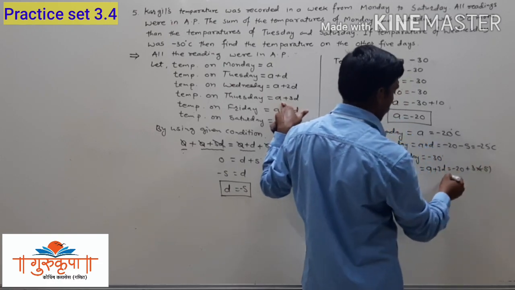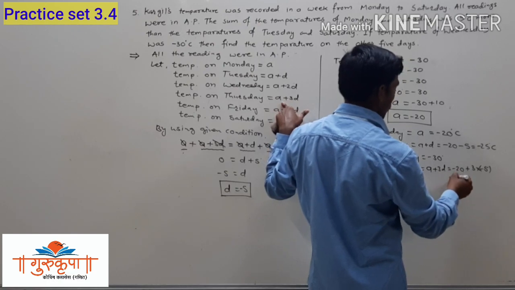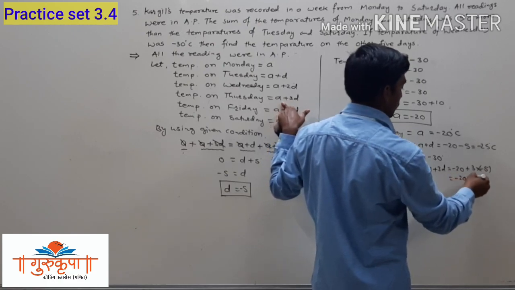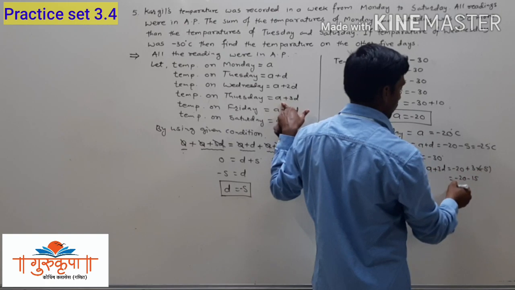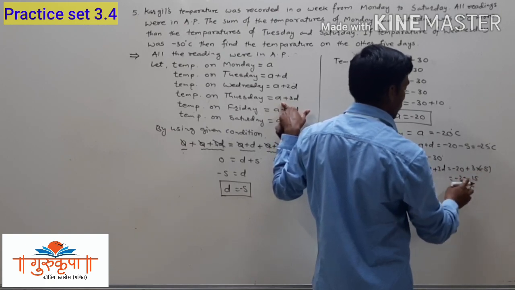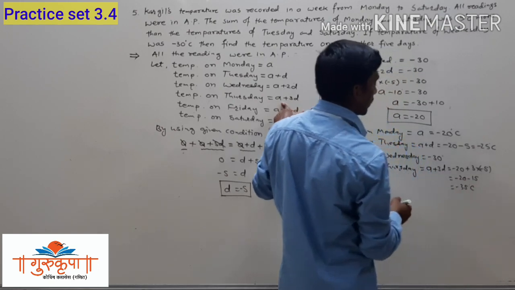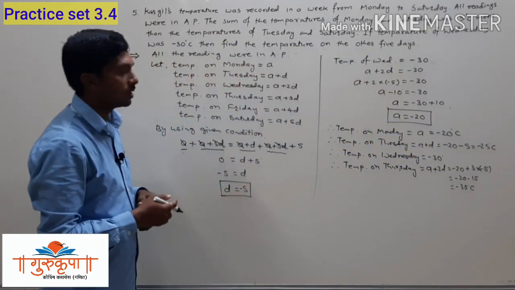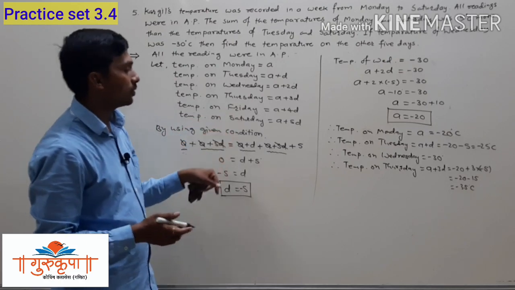Now we can simplify this. It is minus 20 minus 15, and that is equal to minus 35 degrees Celsius. Minus 35 degrees Celsius.